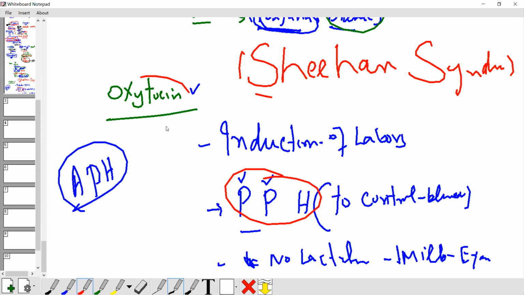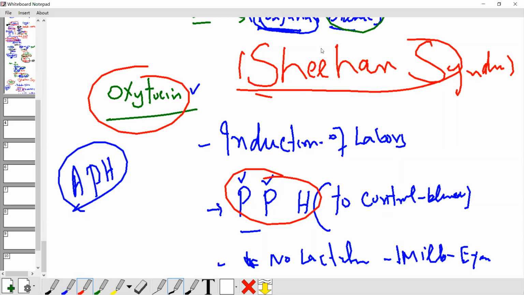I am just giving an idea about Sheehan syndrome. In Sheehan syndrome, the pituitary size increases during pregnancy because the baby also uses hormones. If the mother at the time of delivery has a bleeding problem like postpartum hemorrhage, the blood supply to the pituitary decreases and the pituitary undergoes necrosis. The pituitary is destroyed, so no more prolactin release.